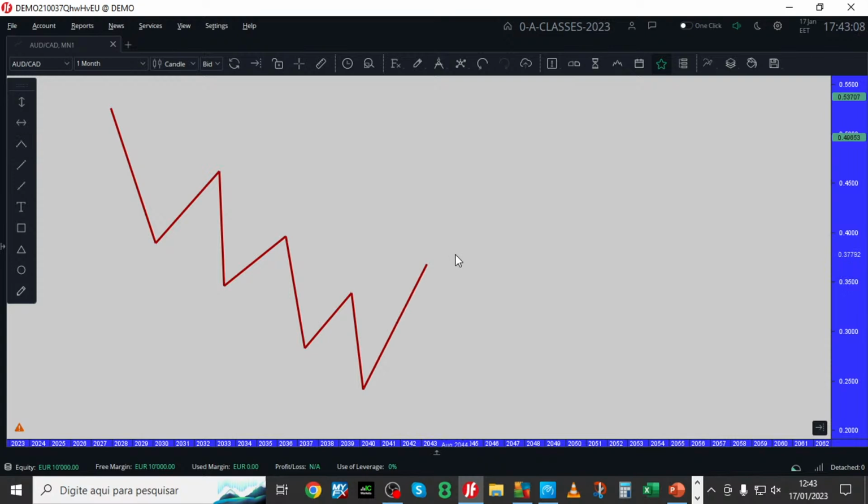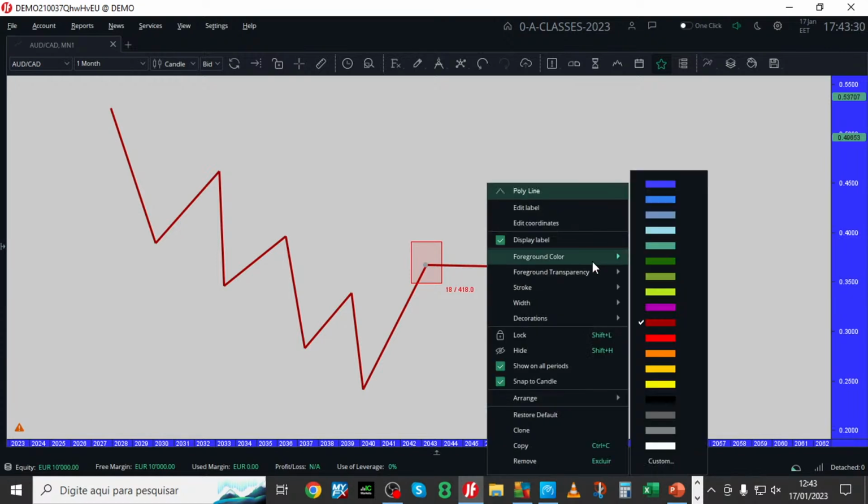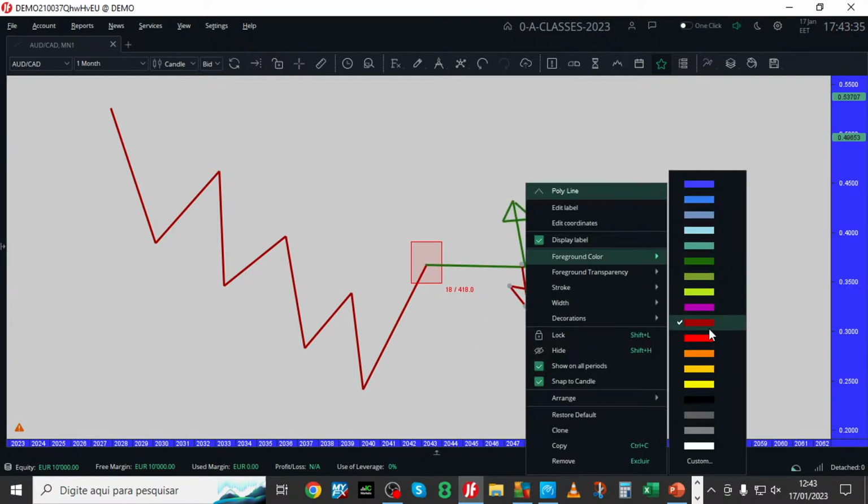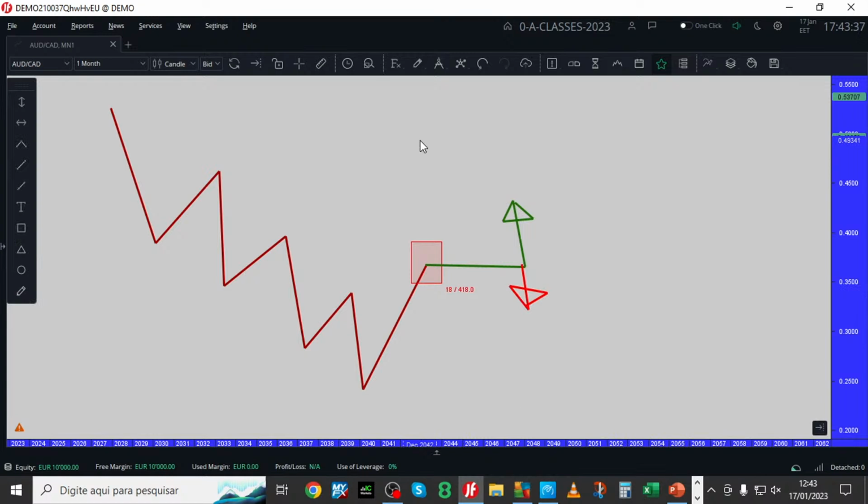We are here. Should you buy the market or should you sell the market? Type in the chat, what do you think? Should you buy, green arrow, or should you sell, red arrow? Don't be shy, there is no right or wrong. We are here to learn.